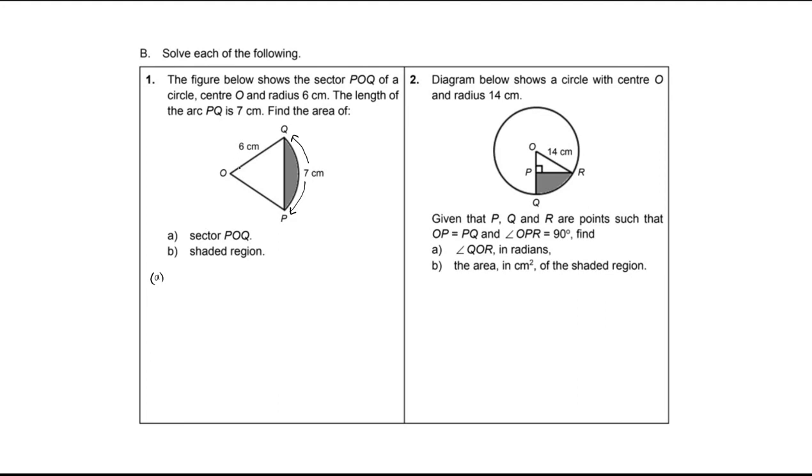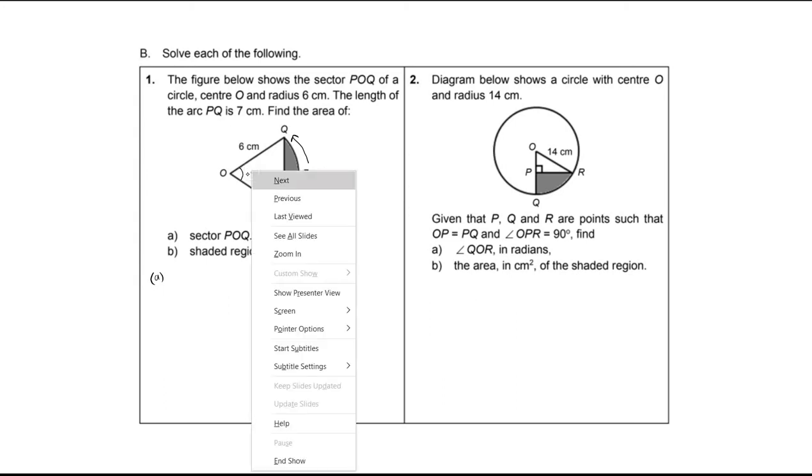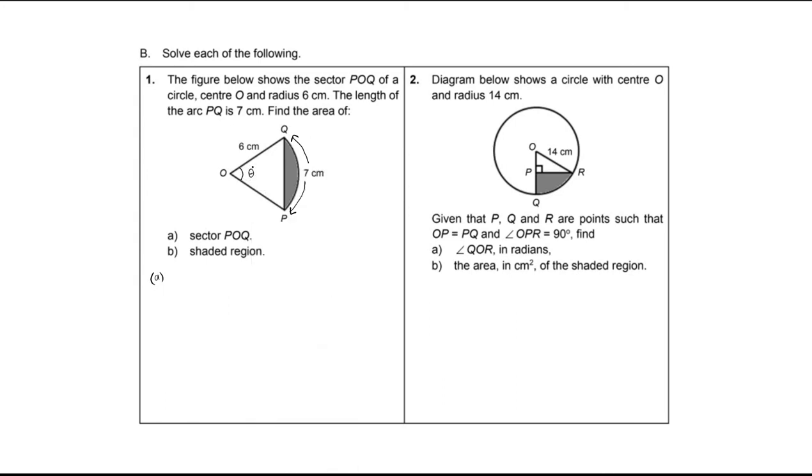First we need to find theta. We know the radius, we know the arc length. So from there we can use S equals r theta. The arc length is 7 cm, radius 6 cm, theta. Theta equals 7 over 6 radian, the angle QOP.